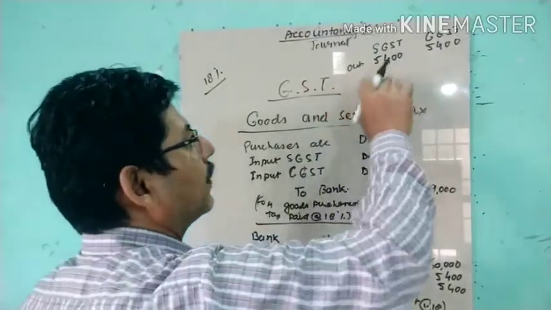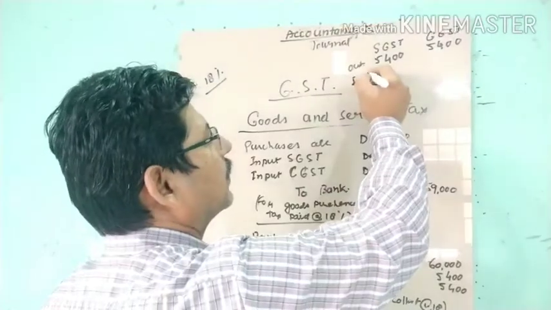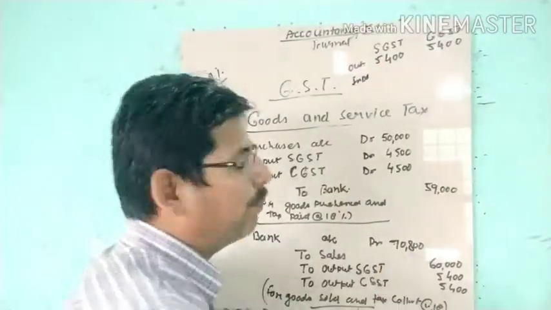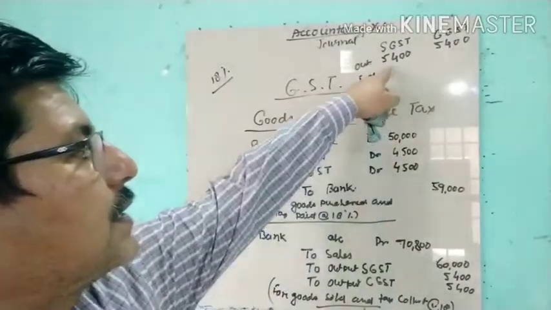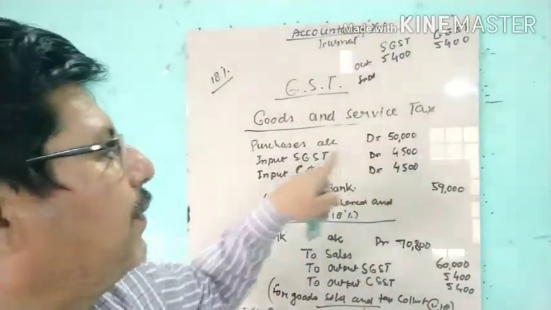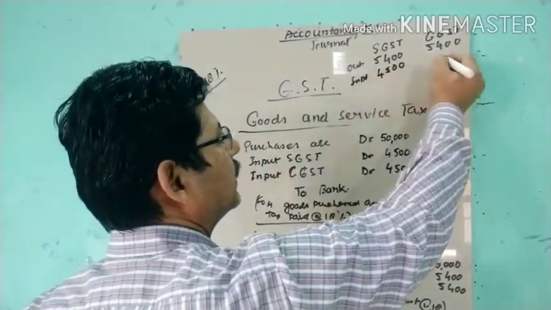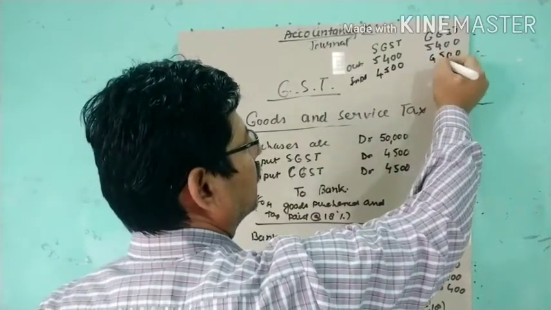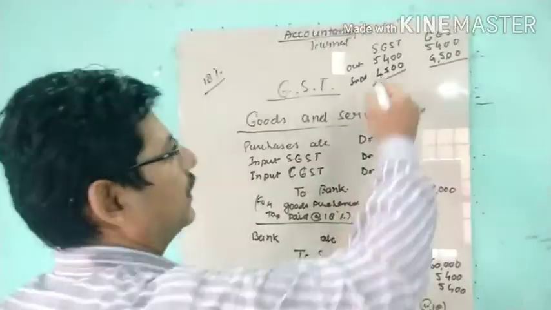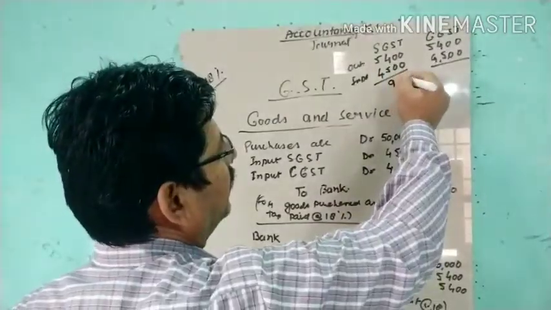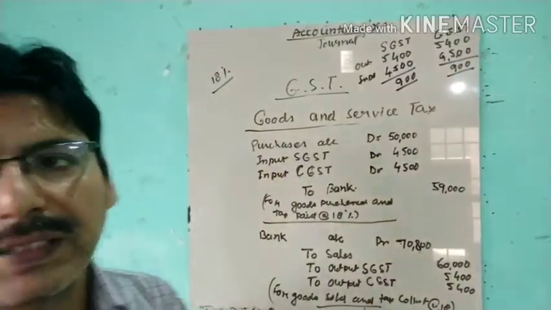And when we bought the goods, input SGST, how much had we paid to buy this stock? 4,500. Out of this, 4,500 we had already paid when we bought the goods. How much remained? That is to be paid to the government. Then it comes to 900 rupees this and 900 rupees this. This is the balance that is to be paid.